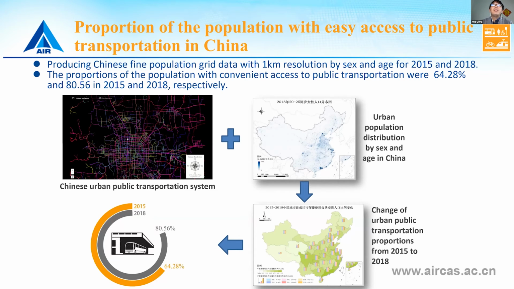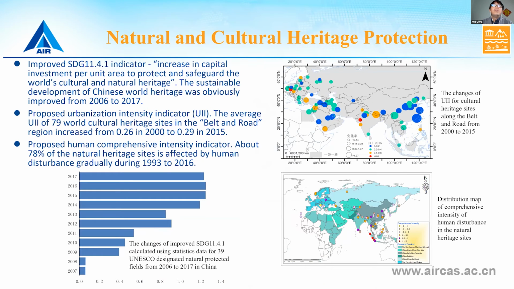Another aspect is the natural and cultural heritage protection. In fact, we propose to improve the SDG 11.4.1 indicator, the increase in capital investment per unit area to protect and safeguard the world's cultural and natural heritage. The chart on the left bottom shows that the sustainable development of Chinese world heritage was obviously improved from 2006 to 2017.